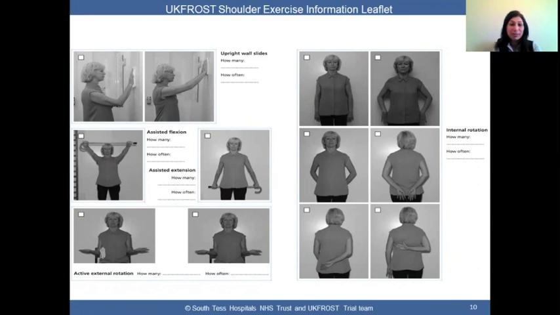Simple exercises like wall slide with the help of a towel can be useful in achieving range of movement in elevation and end range of flexion or abduction. It's very important to ensure that the patient has scapulothoracic control and there is no compensation.